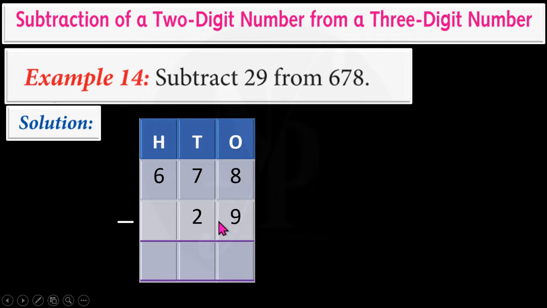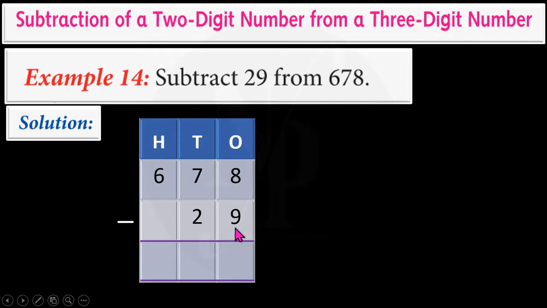So while writing a 2-digit number below a 3-digit number, we should take care that the place value should be written appropriately in this place values table. And we are subtracting 29 from 678. It is indicated by writing this minus sign here.